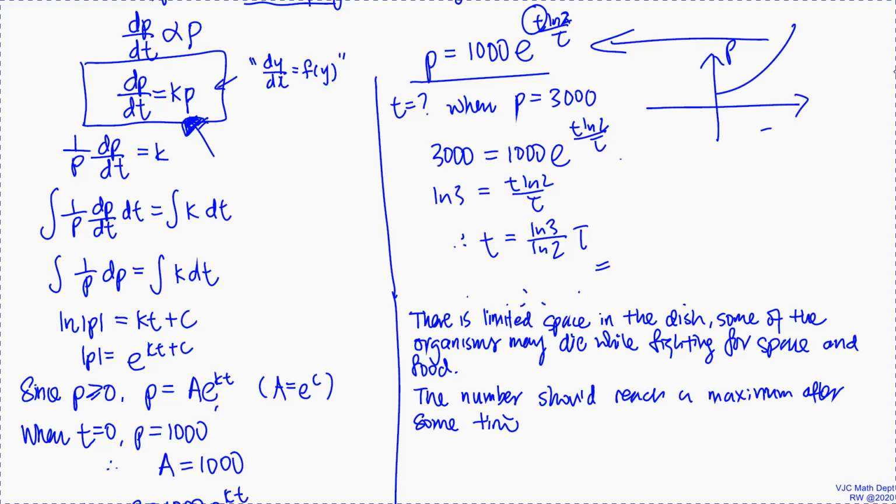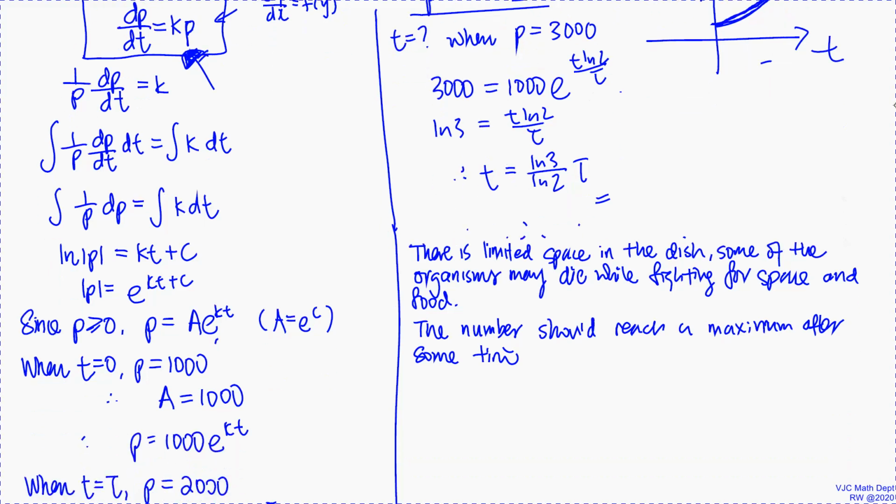You are assuming that the population can grow infinitely with no limit, because it's an exponential graph, and it shouldn't be like that if there is a limit to the amount of space and food in the dish.